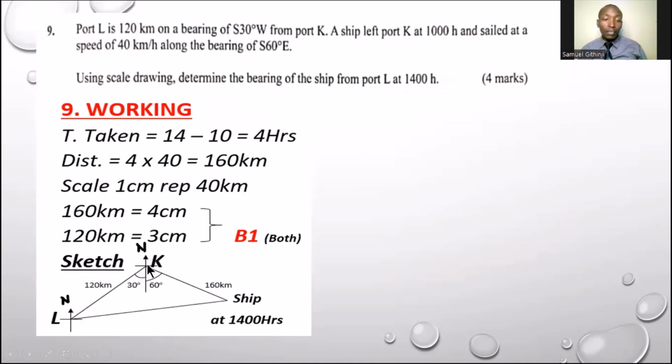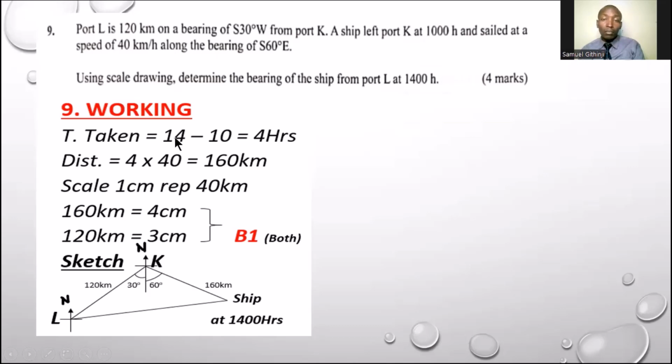So you can see the position of L. Then you're given that there is a ship sailing at 40 kilometers per hour along the bearing of south, yes, 60 degrees on the eastern side. So if you are measuring, you can measure an angle of 60 here, an angle of 30, and then mark proportional. So this is basically the sketch.